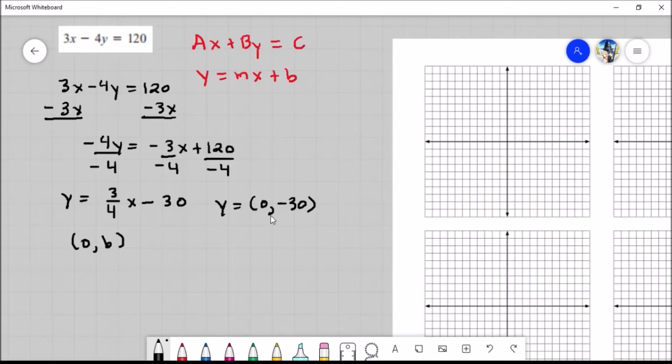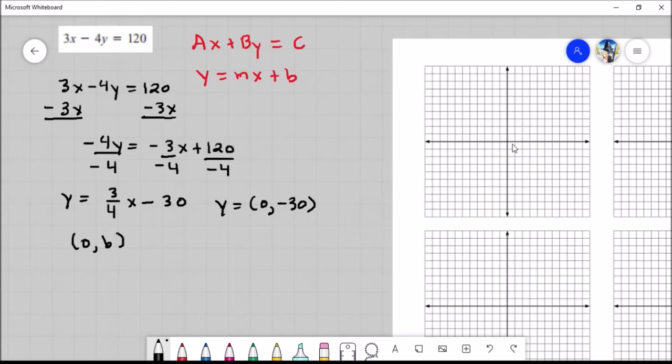So let's see, what units of measurement do I want to do this in? Let's do units of 5.